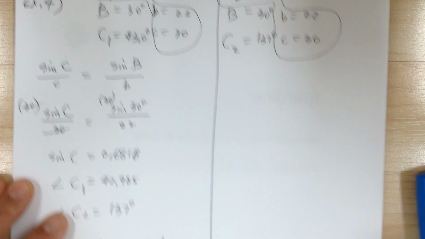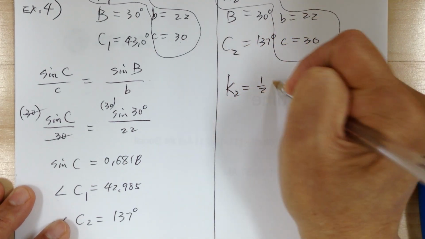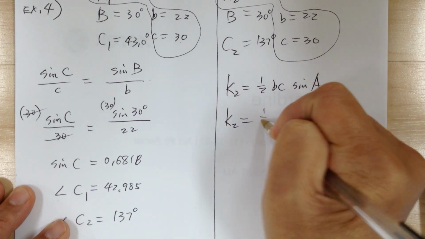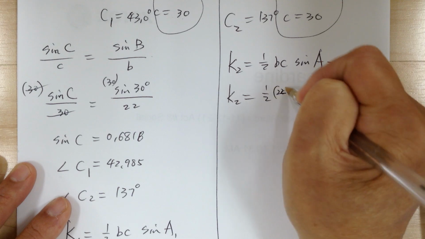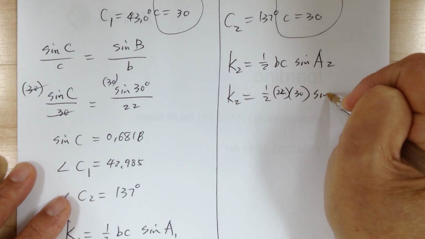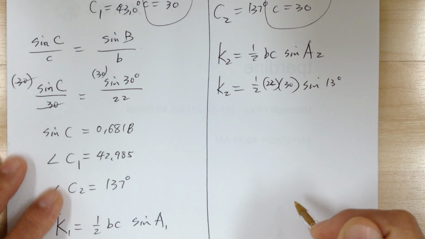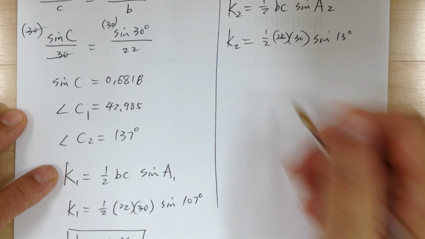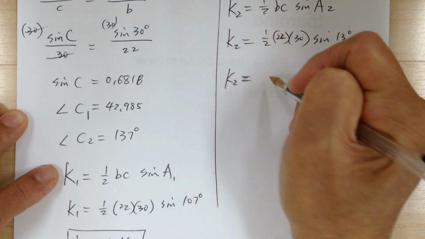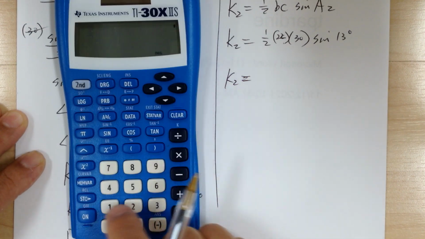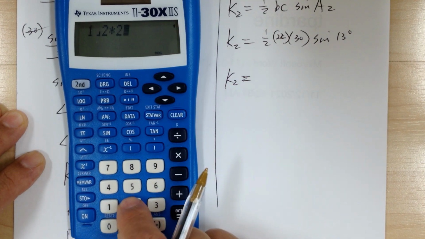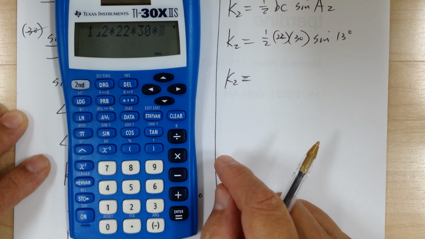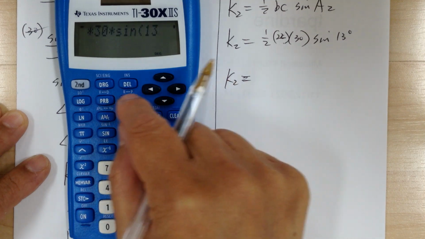Now K2 again is 1/2 bc sine of A2. So K2 equals 1/2 times 22 times 30 times sine of 13 degrees.